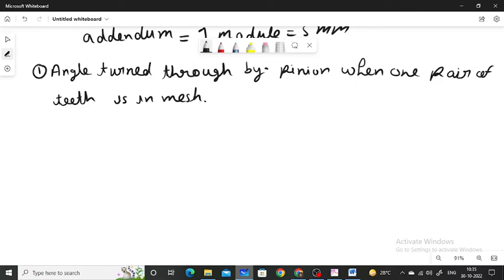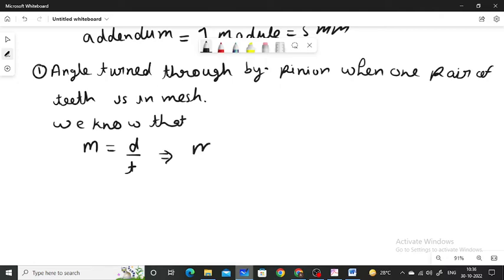Okay, we know that module is equal to the diameter upon number of teeth.